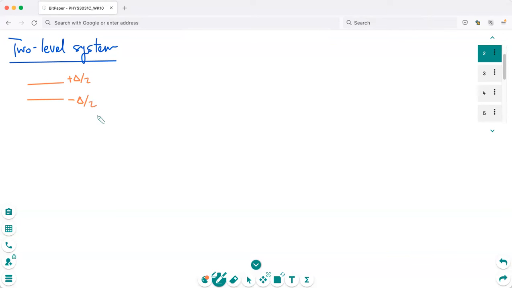So this is the one I will use. Here, delta takes the meaning of the energy separation between the two levels. So that is one of the variations.